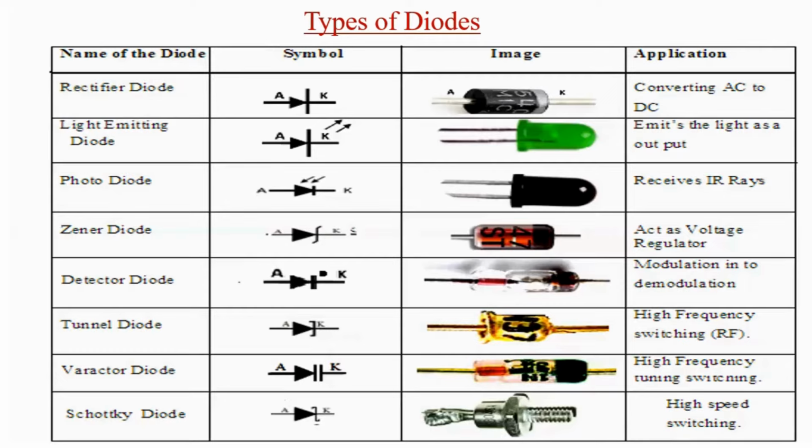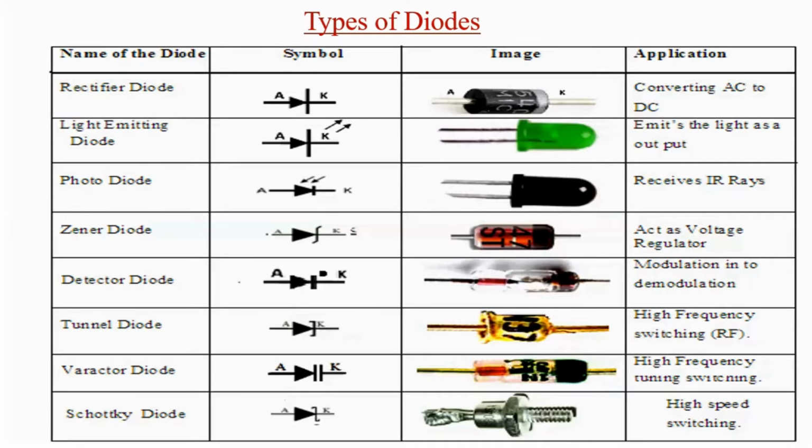In this chart, you can see the rectifier diode has an anode and a cathode. What is rectification? Converting AC to DC. The light emitting diode will give you light, and the arrows go out in the symbol. In the photodiode, the arrows are reversed, coming in.